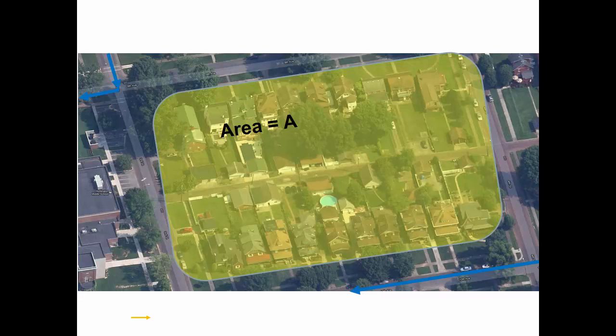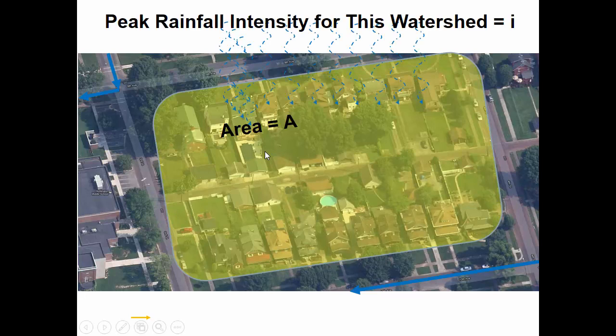It works out pretty nicely in traditional units, just as a matter of coincidence, that you can measure your area in acres, and then later in the model we're going to get cubic feet per second. I'll show you how the units work out, but the first aspect of the model is just identifying a contributing area. The second part is picking a rainfall intensity that corresponds to the peak rainfall intensity that's relevant for that area.